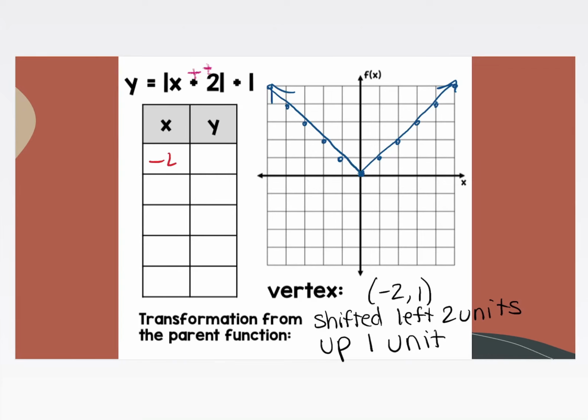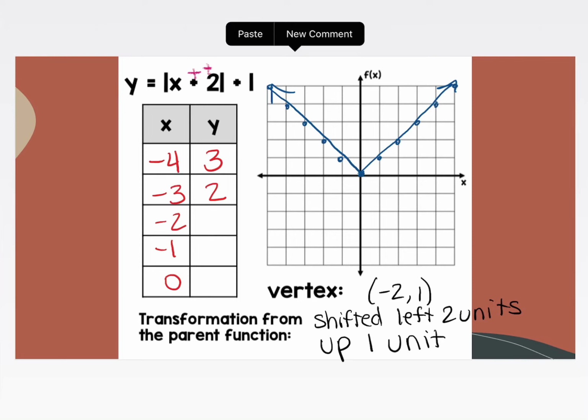Let's plug in the points -4, -3, -2, -1, and 0. If we take the absolute value of -4 plus 2, that's -2. The absolute value of -2 is positive 2, plus 1 is 3. -3 plus 2 is -1. The absolute value of -1 is 1, plus 1 is 2.